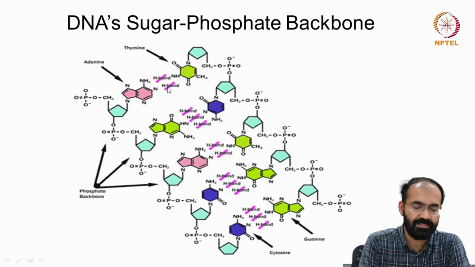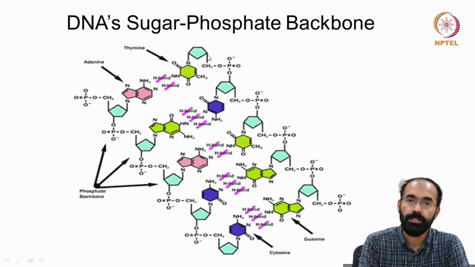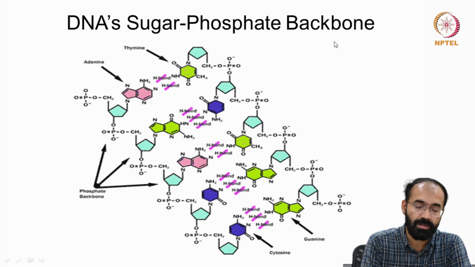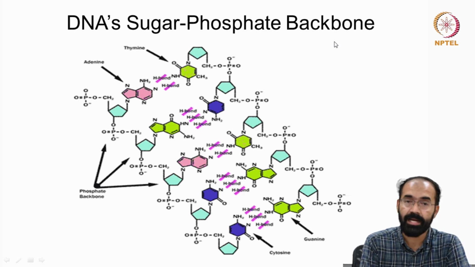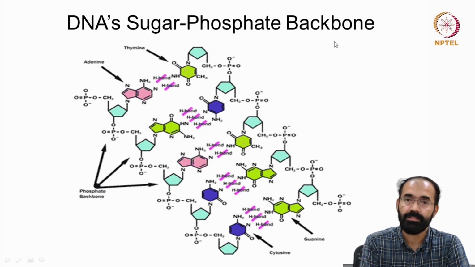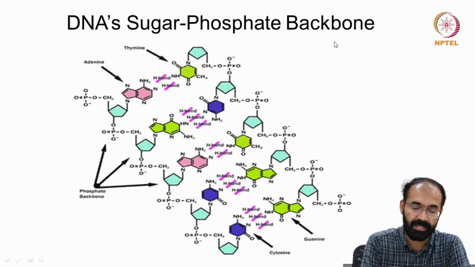So this is what you can see, the DNA or the RNA has a typical sugar phosphate backbone, as you can see here, and the nitrogenous base is capable of pairing with another nitrogen base of another RNA or another DNA.